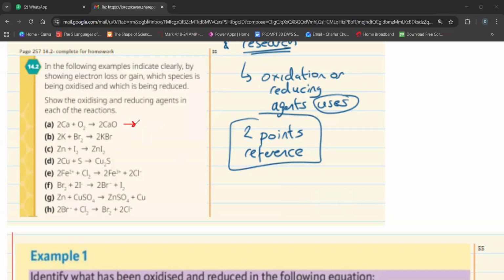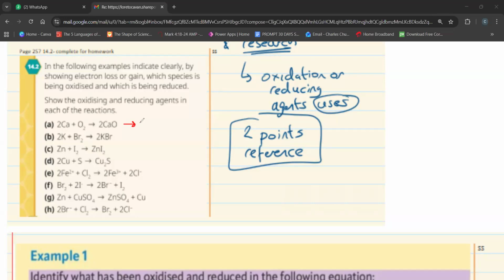Which one is being oxidized and which one is being reduced? The O is being reduced. Okay, the O is being reduced, and the calcium is being oxidized.